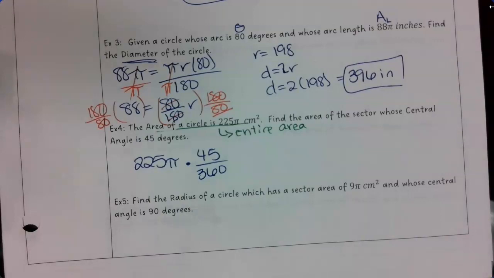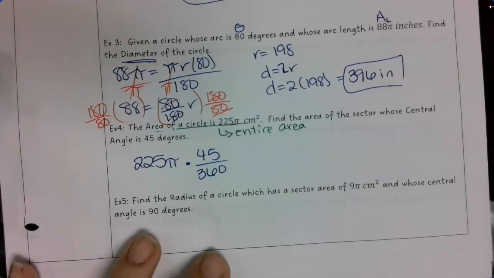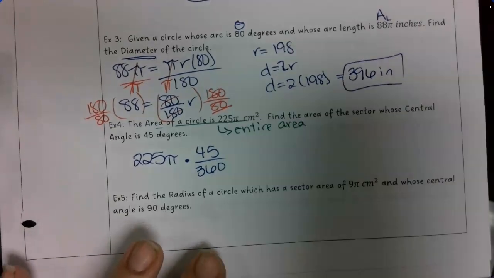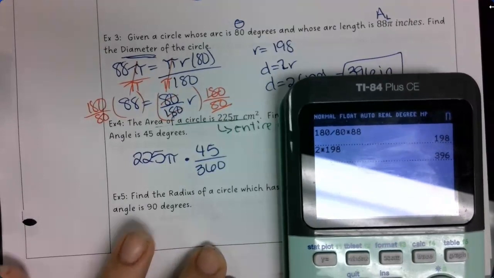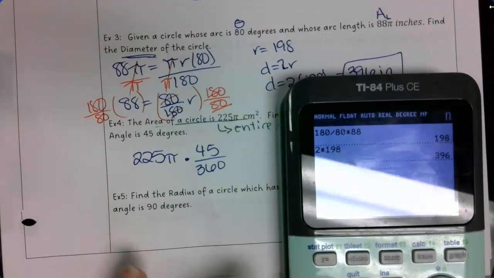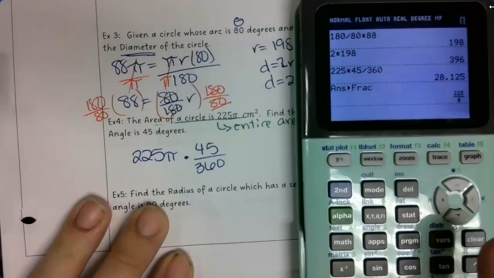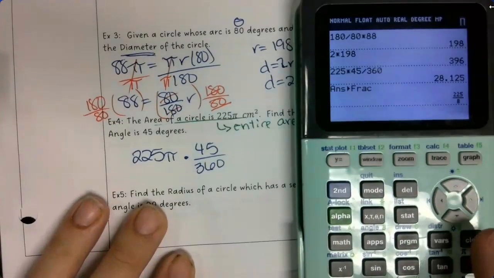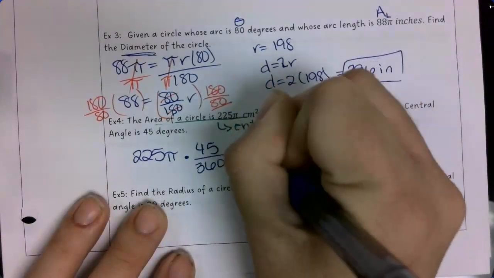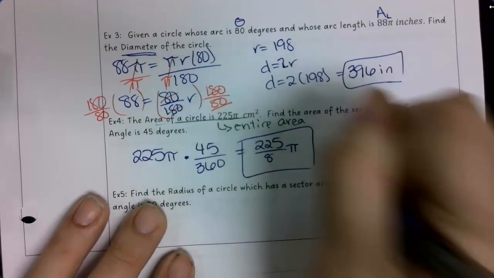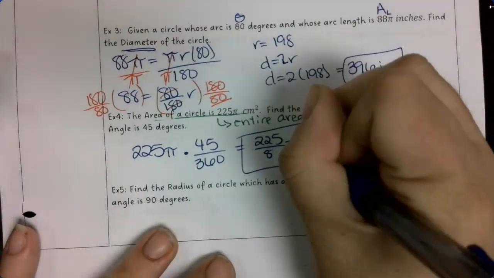So I want to only find the part of the circle that is covered by that 45 degree angle. So then I'm just going to multiply the numbers on my calculator and ignore the pi. Gives me, I'm going to turn this back into a fraction, 225 over 8 pi centimeters squared.